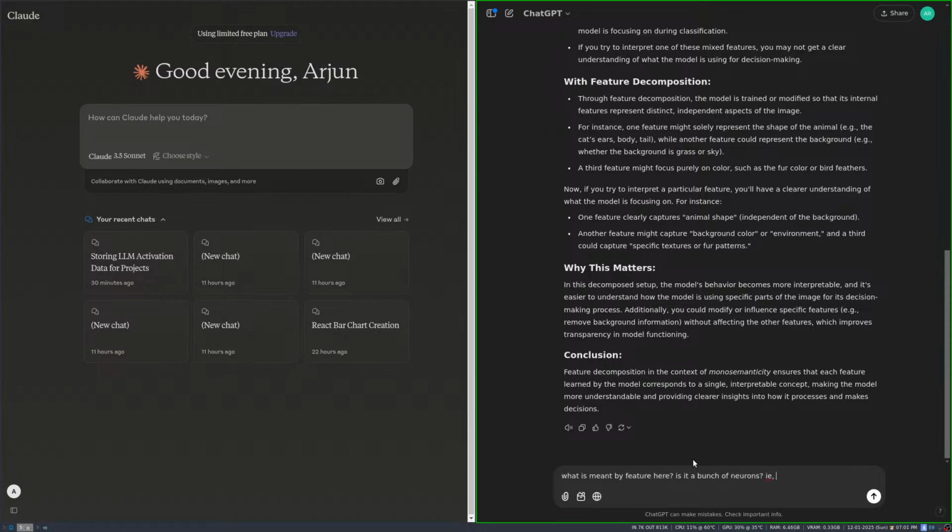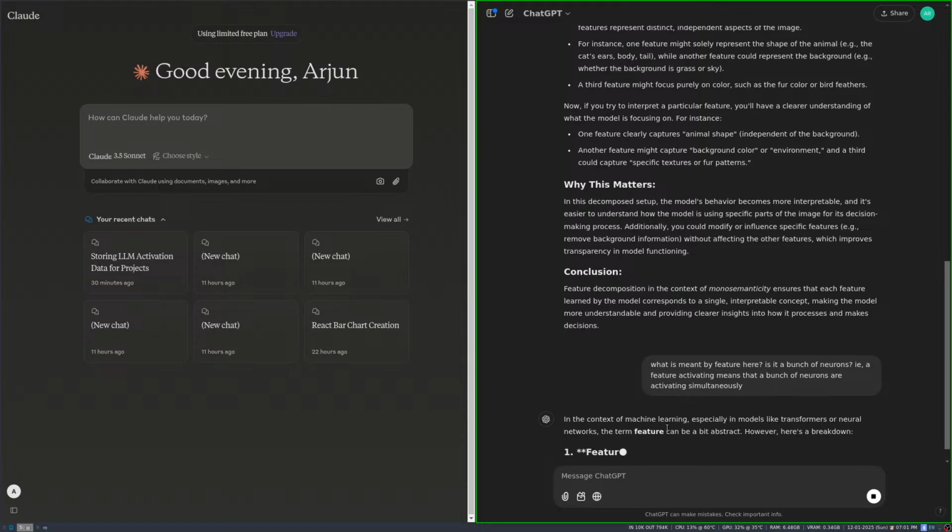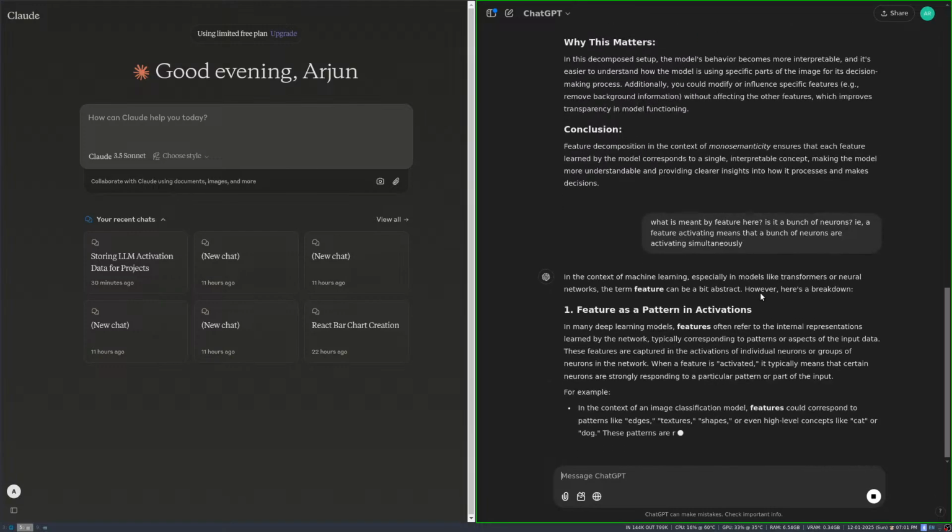That is, a feature activating means that a bunch of neurons are activating simultaneously. You did not answer yes or no.